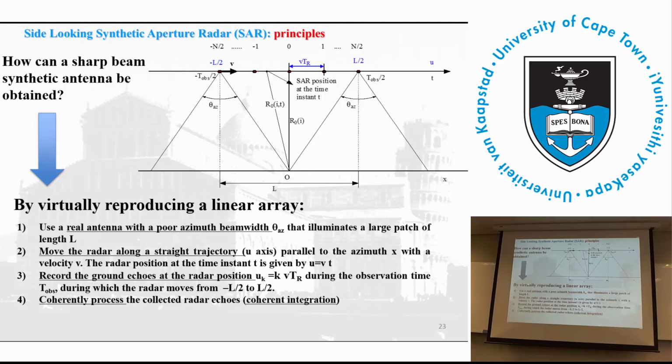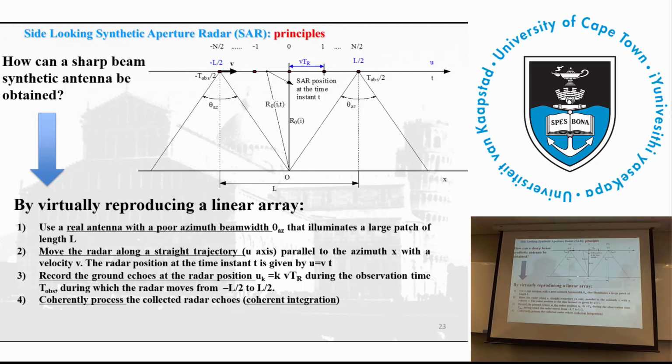So in this condition, we are trying to build this equivalence between a virtual array and a physical array. How do we do that? We use a real antenna here with a poor azimuth beamwidth, something this large.